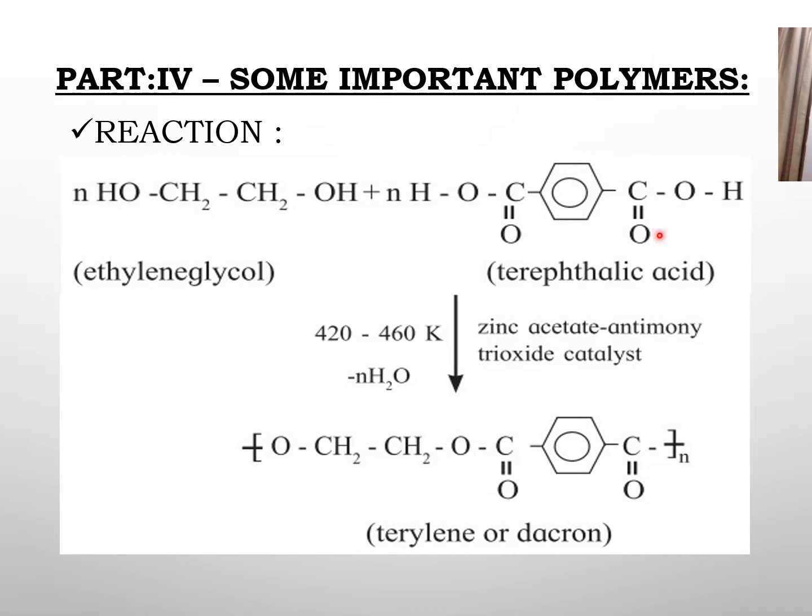When n molecules of ethylene glycol and n molecules of terephthalic acid undergo condensation polymerization, so what is formed here? Terylene or Dacron. So HO CH2 CH2OH, n molecules of ethylene glycol and the carboxylic acid groups, there are two carboxylic acid groups in the terephthalic acid. They condense and terylene is formed.